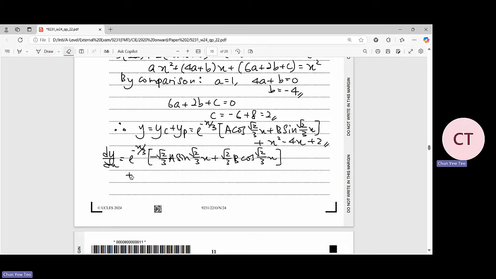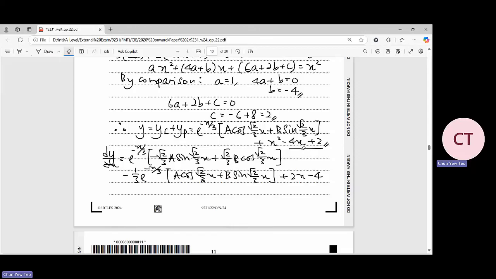Differentiate the left, you will get negative 1 over 3. And my right-hand side, just copy down: a cos 2 over 3 x plus b sine 2 over 3 x. Then the quadratic over here, if you differentiate, you get 2x minus 4.